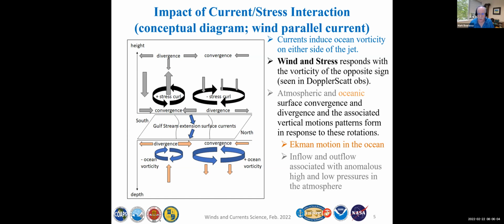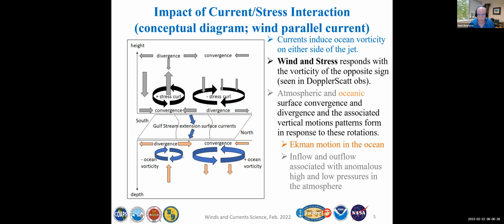So we see these in Doppler scatterometer observations. It's something Alex Weintier and Ernesto Rodriguez have shown a lot. We know it happens. But because of this curl, we also get Ekman motion in the ocean, and we get a secondary circulation in the atmosphere as well. These secondary circulations are in a vertical plane as well as the horizontal.